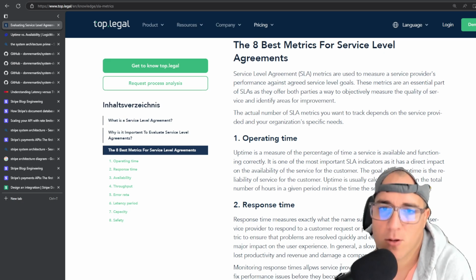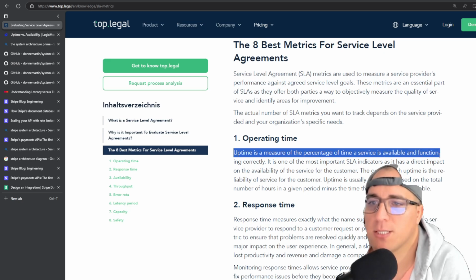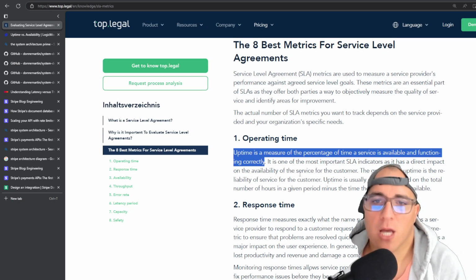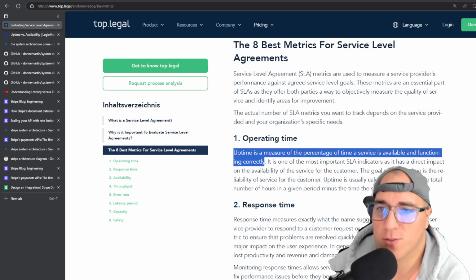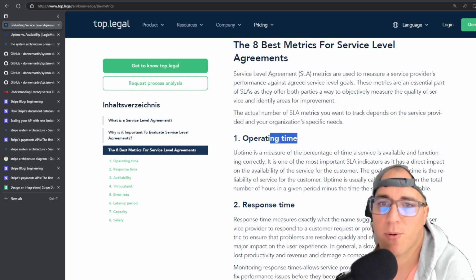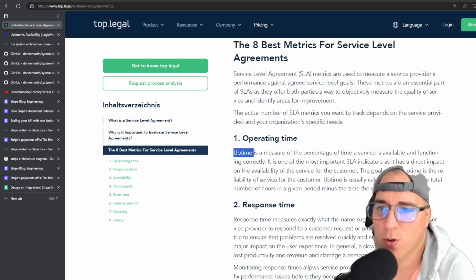Operating time. Uptime is a measure of the percentage of time a service is available and functioning correctly. Let me repeat this. Uptime is a measure of the percentage of time a service is available and functioning correctly. So this is the operating time, uptime. It is one of the most important SLA indicators, and it has a direct impact on the availability of the service for the customer.